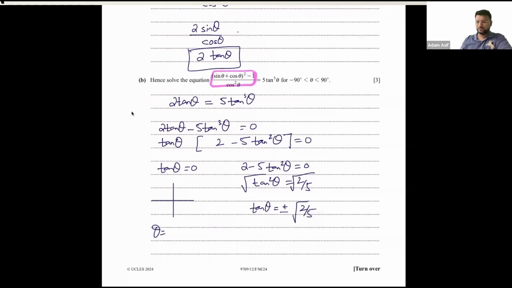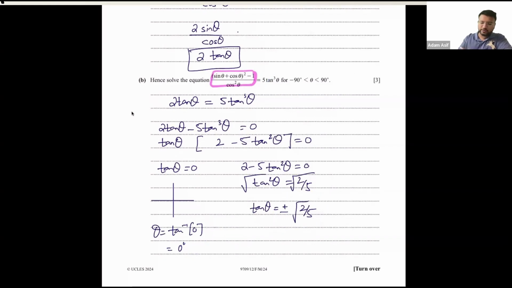Tangent theta is equal to 0, so theta would be tangent inverse of 0. So tangent inverse of 0 is basically 0. So one of the angles is 0. Is this angle 0 within the domain? So I'm going to accept this. Can there be any other angle where tangent theta is 0? 180 degrees it would be, but 180 degrees is not part of the domain. Minus 180 also, but that's not part of the domain. So only this angle from here.